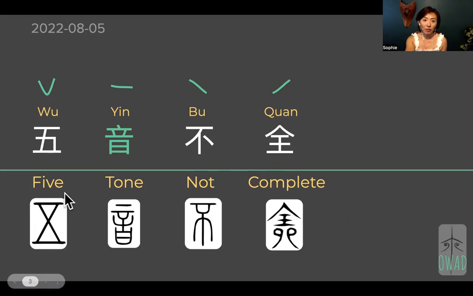Okay, number 5. This is the second time I talk about the number 5 in the program. It still amazes me when I see where this number 5 came from, because its written form is kind of weird, right? Kind of odd. Because we start from 1, 2, 3.